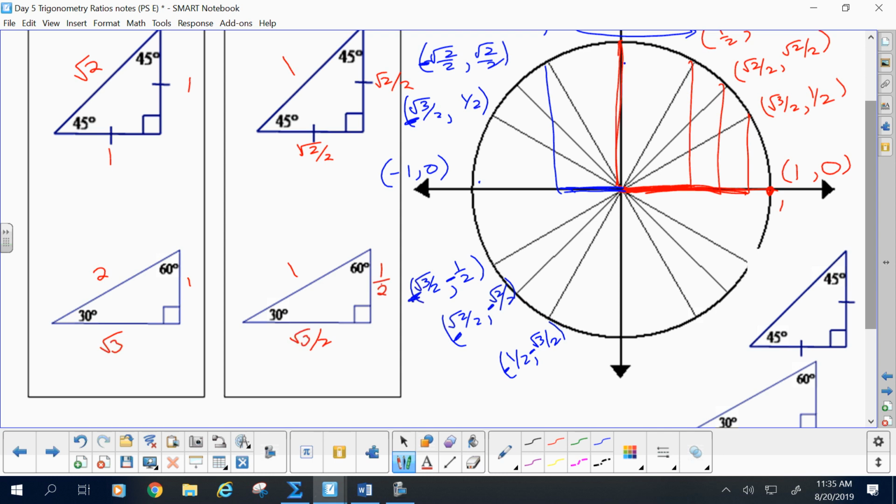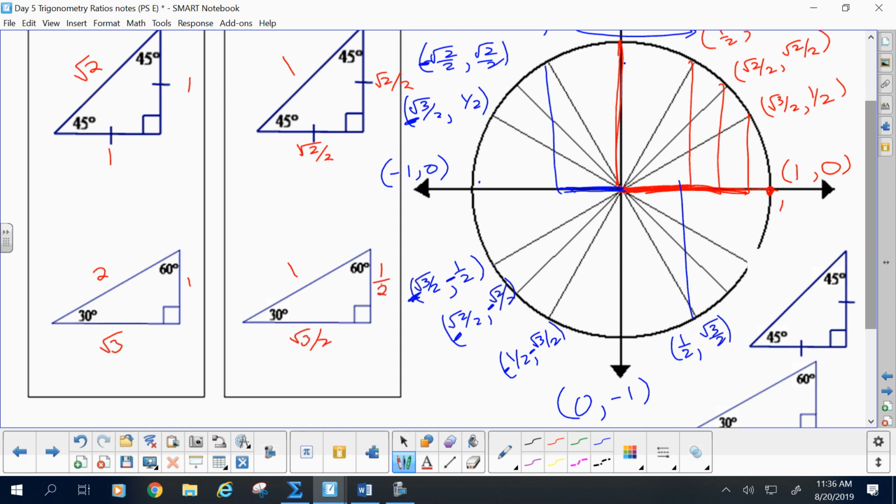3 pi over 2. What's the x? What's the y? 0, negative 1. Okay. And last but not least, this one is a 60-degree angle, which means a small x and a longer y, root 3 over 2. Is x positive or negative, y positive or negative?